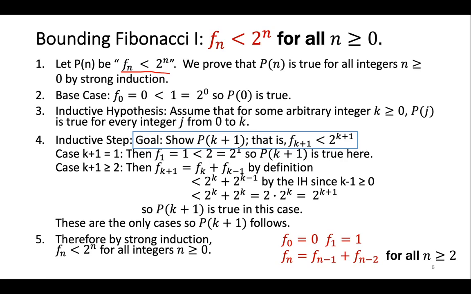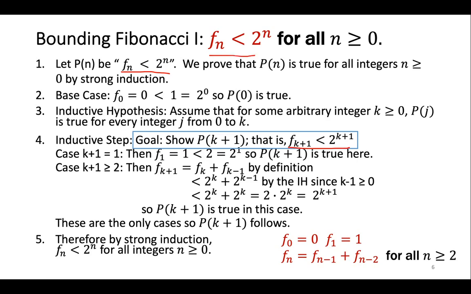So that's why we need P of j to be true for every integer j from starting point 0 to current k. Then we need to show P of k plus 1 is true, and P of k plus 1 is this because of the definition.